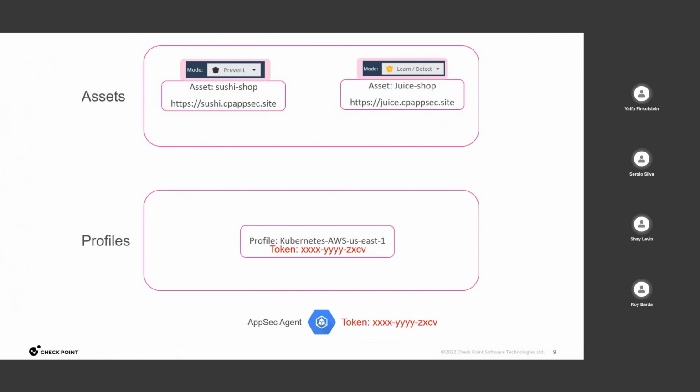And once the nano agent communicates with the Infinity Portal API, it will register itself and will be associated with the relevant profile. And the last setting that we will need to do is basically associate the asset with the profile, so the agent will get the protection settings for the assets.